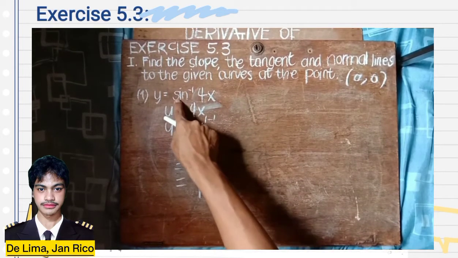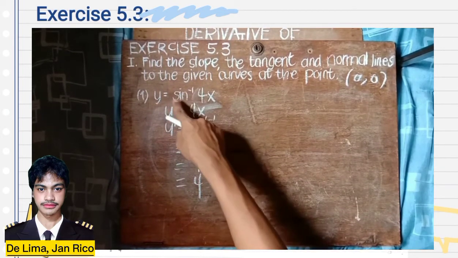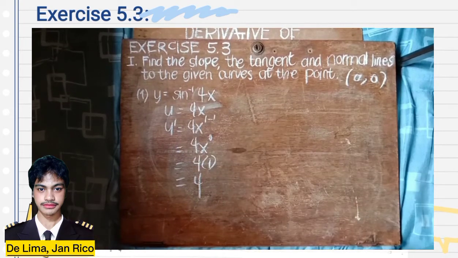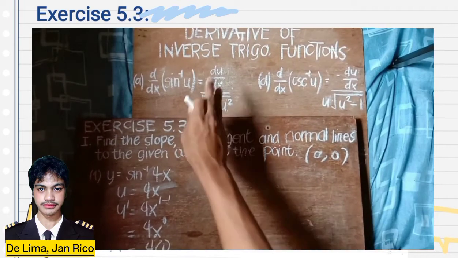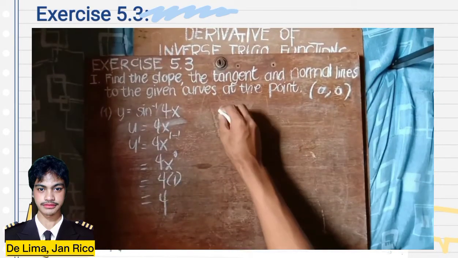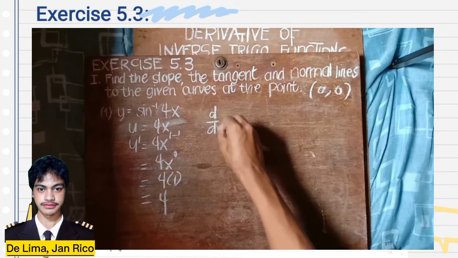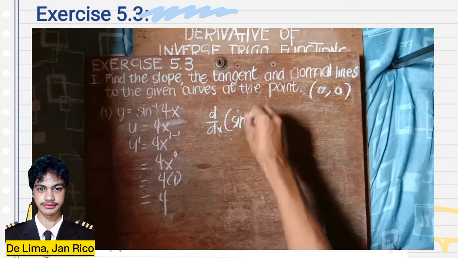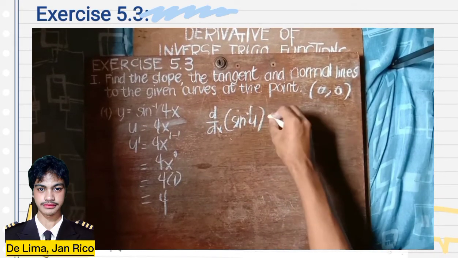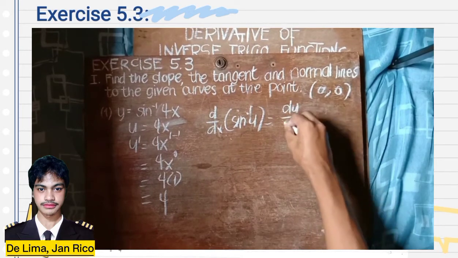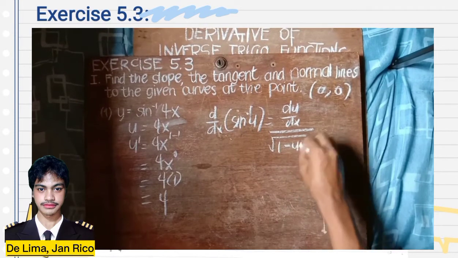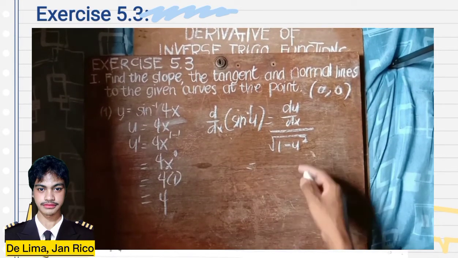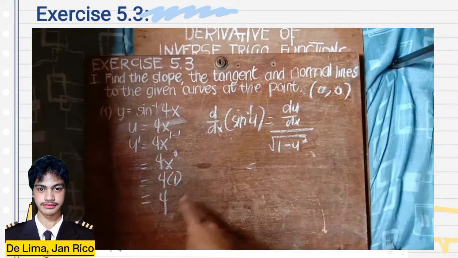And if we look here, the problem uses arcsine. So we will use the formula for arcsine. Our formula for arcsine is the derivative of arcsine u is equal to the derivative of u with respect to x over the square root of 1 minus u squared. The derivative of u is 4.